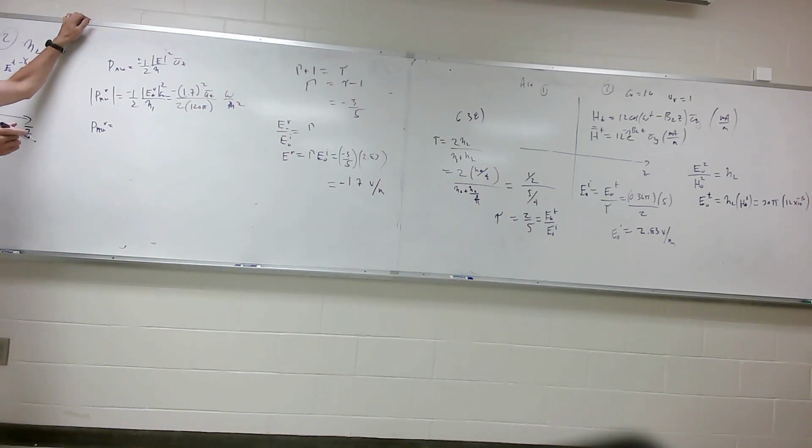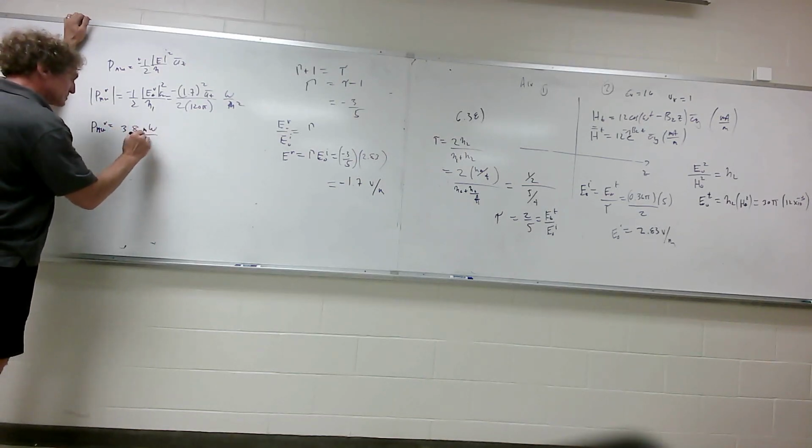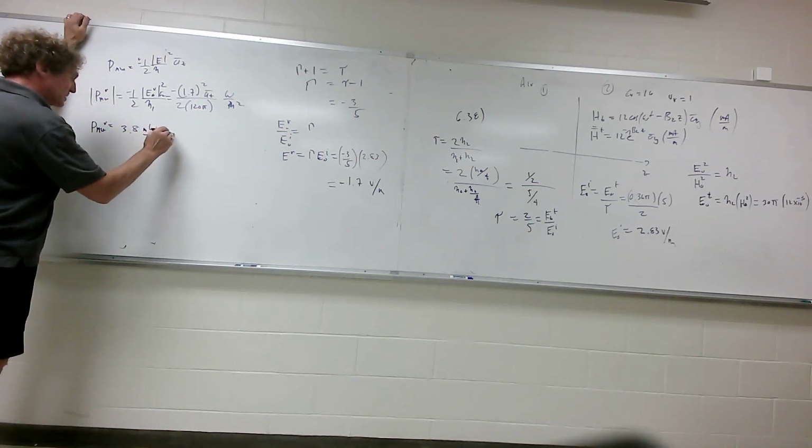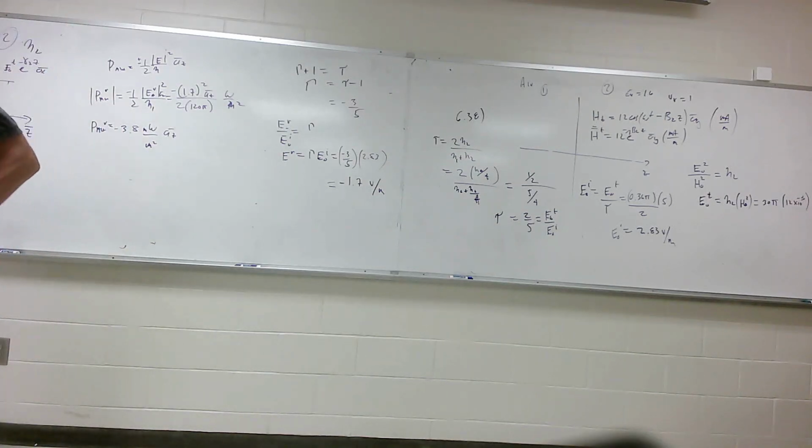This is 1.7 squared over 240 pi. 3.8 milliwatts per meter squared, AZ, you can put. Is that right? Y'all follow me on how to do this? What else does he ask?